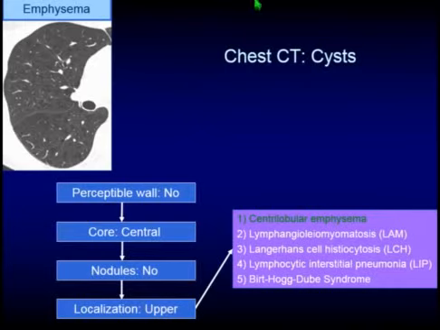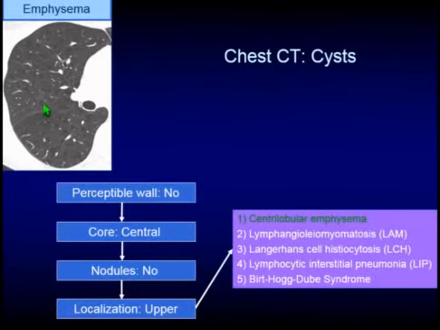So first of all, here in a mid cut, we see these little holes in the lung throughout. And the first question you ask yourself is, is there a perceptible wall? I think you can pretty much see that although you see the cysts, you don't really see a wall around them. That's very obvious. And when you ask your next question, what's the relationship with the core?